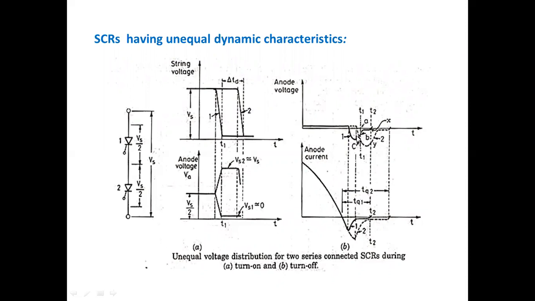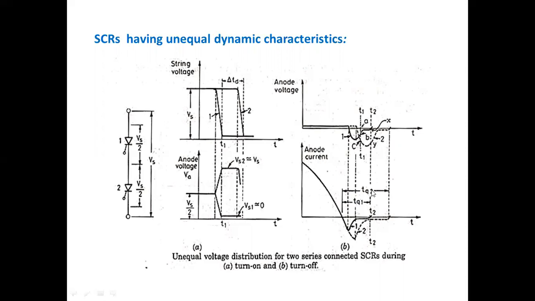Whenever it comes towards the negative side, there is a reverse recovery voltage, given by A and B. The first SCR has this much turn off time period, and the second SCR has this much turn off time period, so the turn off time period changes between the two SCRs.